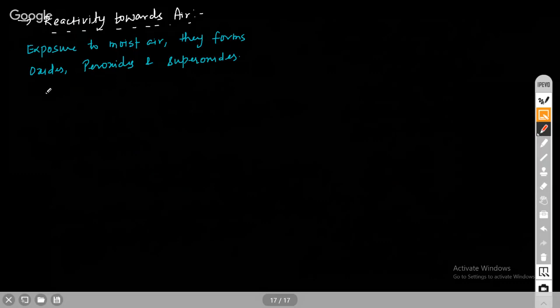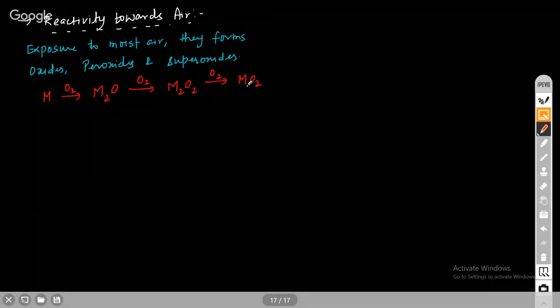So, you see, the metal on exposure to moist air forms oxides of this type. Further, they form peroxides of M2O2 type, and further they form superoxides of MO2 type.